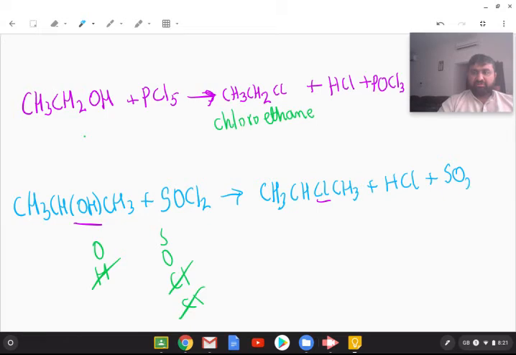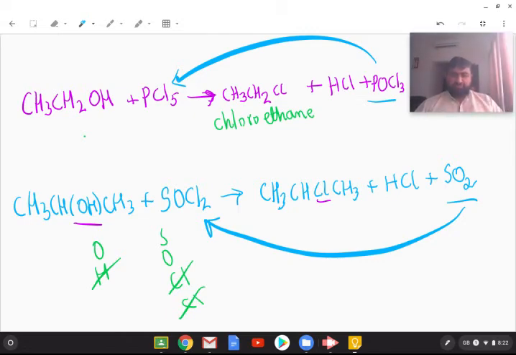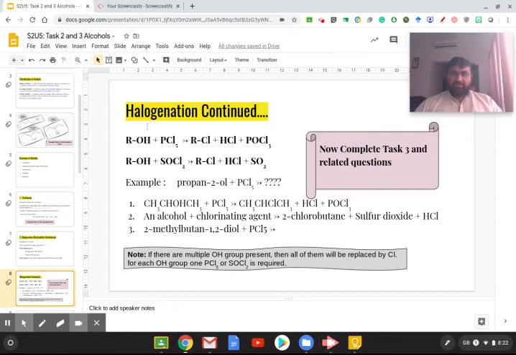So sulfur dioxide is produced. Sometimes these products will tell you what your reagent was. POCl3 is only produced when you're dealing with PCl5, and SO2 is only produced when you're dealing with SOCl2. Correct? This is the halogenation reaction.